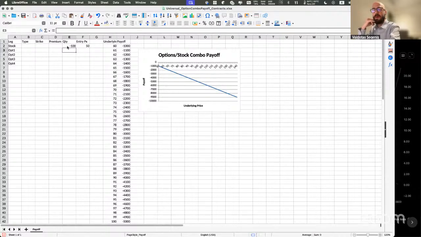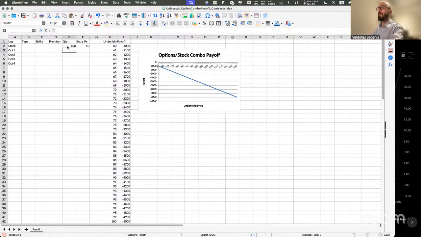Now, where put call parity comes into play: as I said, we have three bricks in the market. You can think of them as underlying, call, and put. And as I said, we can structure any payoff that we want using one or the other.